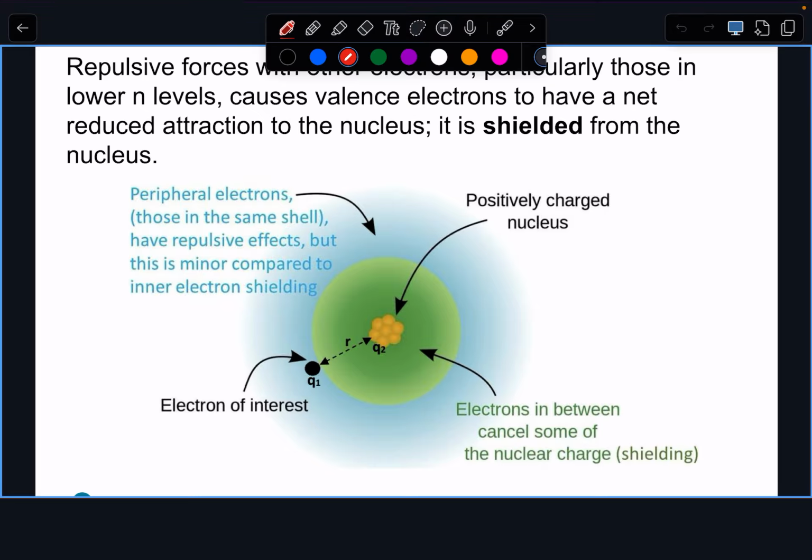Okay? All right. So as a reminder, shielding is the idea that the electrons that are in between the valence electrons, so let's say that I'm the 3s electron in sodium, and I've got 11 protons that I am attracted to. The reason we care so much about the valence electrons is because those are the ones that are going to react chemically, okay? So when I'm talking about this, I'm always picturing it from the valence electrons' point of view. So I'm attracted to those 11 protons.